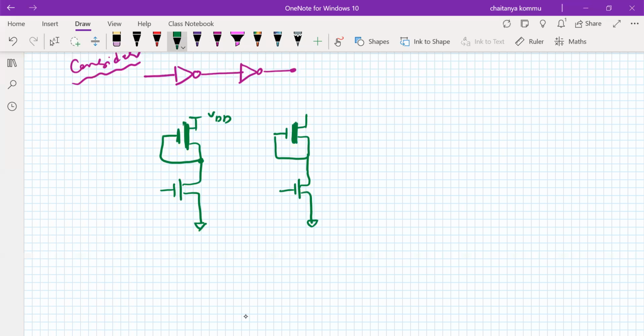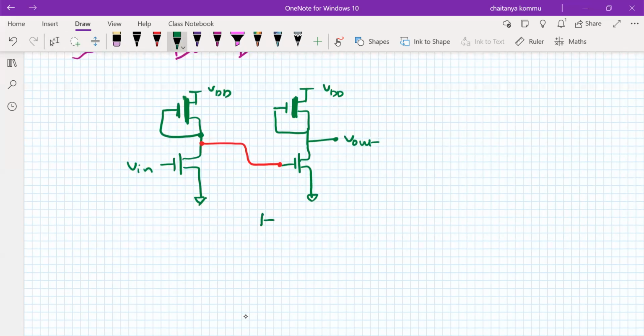This is my VOUT, this is my VIN, and I am connecting the output of this one to this one. It is VDD.